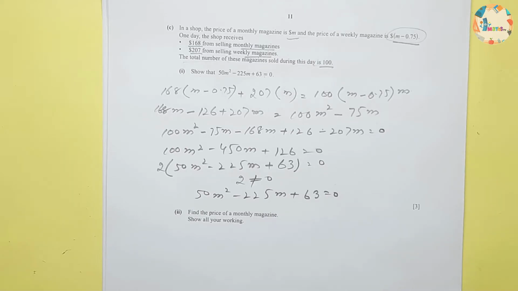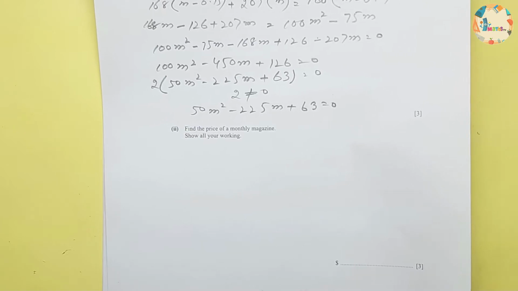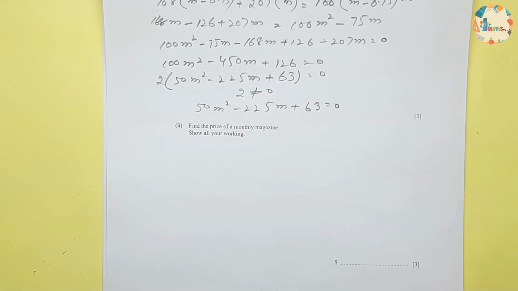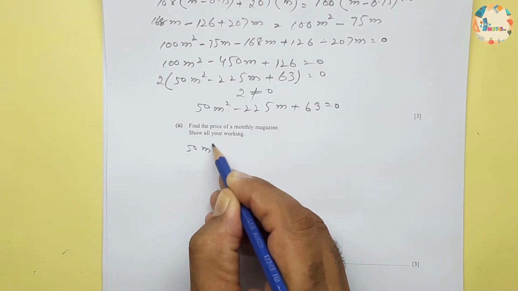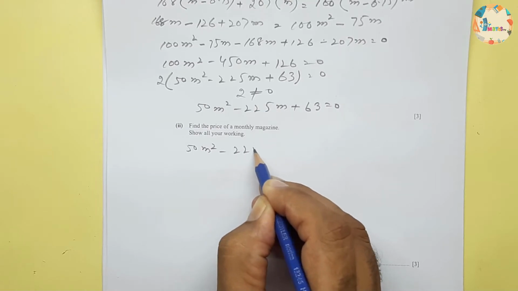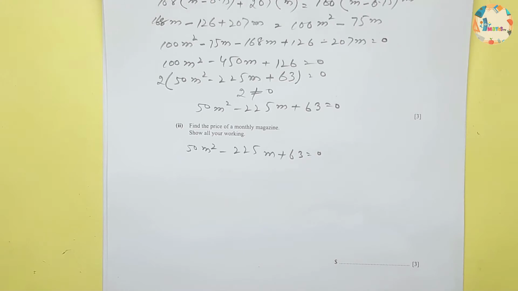Show all your working. So we'll be basically factorizing this equation to solve, and we will find the value of m. We can write 50m squared minus 225m plus 63 is equal to 0.